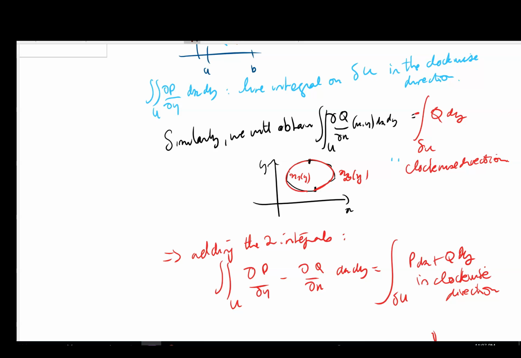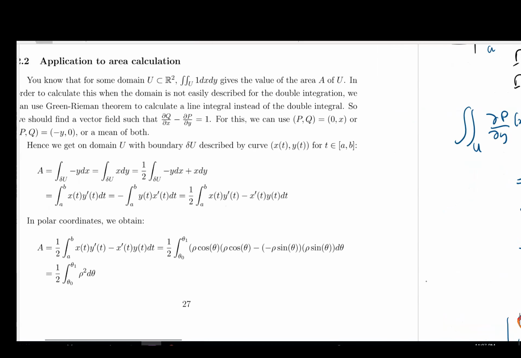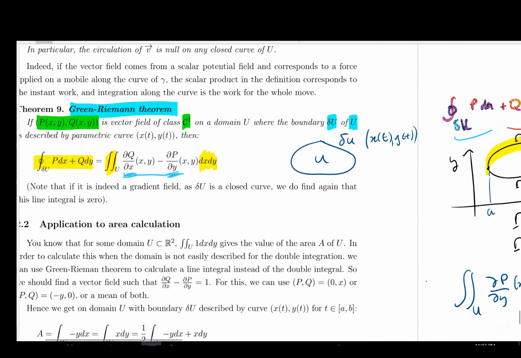And if you want the contrary, well, usually we always consider the positive trigonometric sense, which is the anti-clockwise sense.